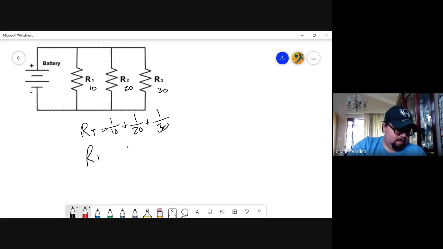Another way that you can draw that is with the -1 exponent button. And really, this kind of math is easier done in a calculator.